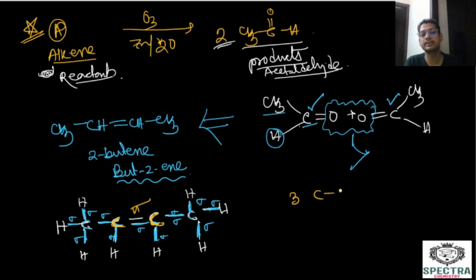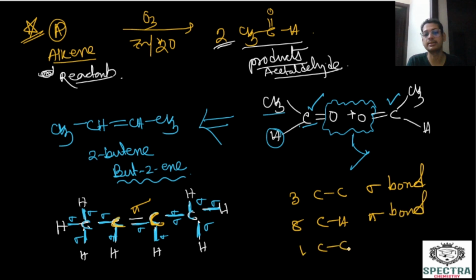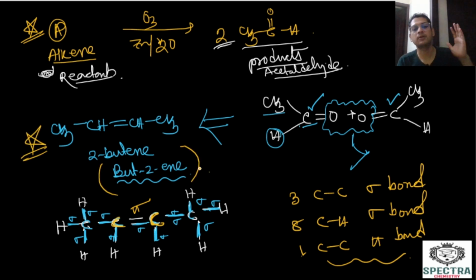So 3 CC sigma bonds, 8 CH sigma bonds, and 1 CC sigma bond and 1 CC pi bond. All are matching. Everybody is happy. I got my answer as butene, and that will be the answer for this.